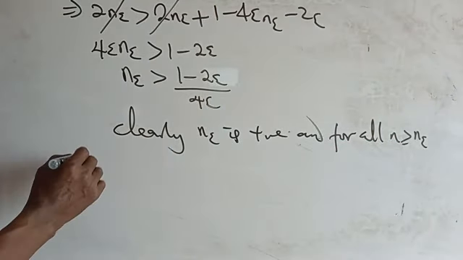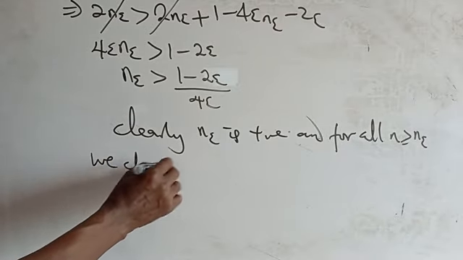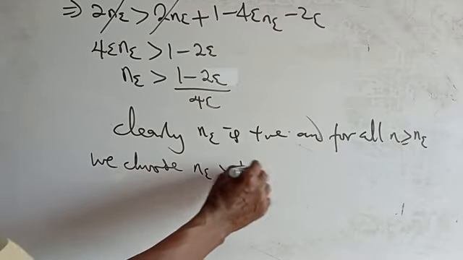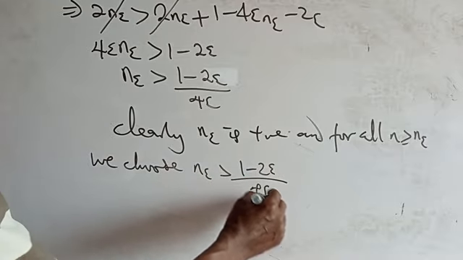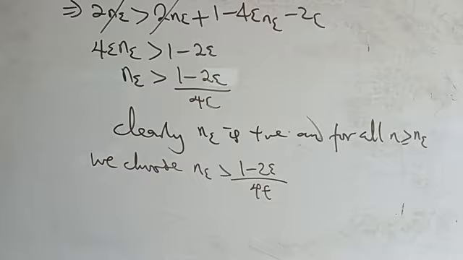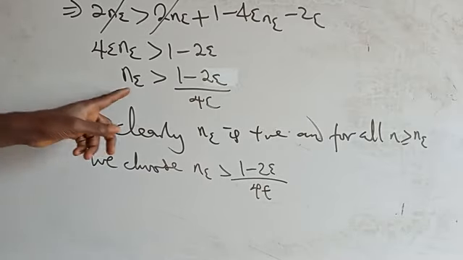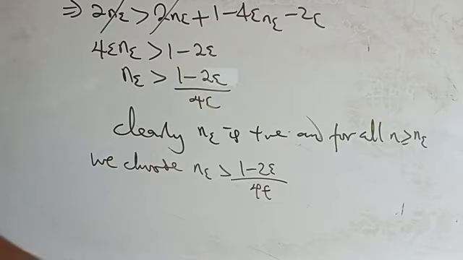We choose n epsilon greater than 1 minus 2 epsilon over 4 epsilon. Since the value we have obtained as our n epsilon is positive, it means that half remains the supremum of the given set. So that is that about that. Bye.